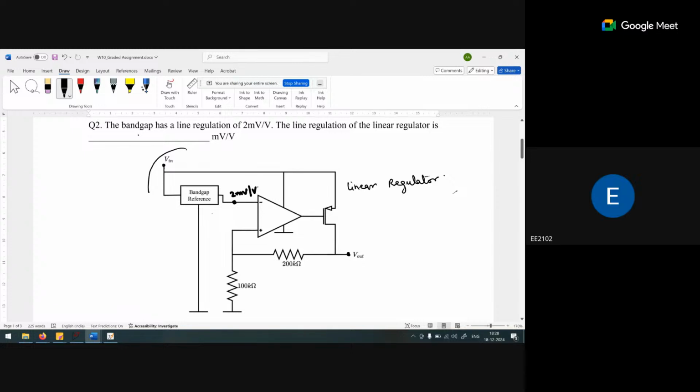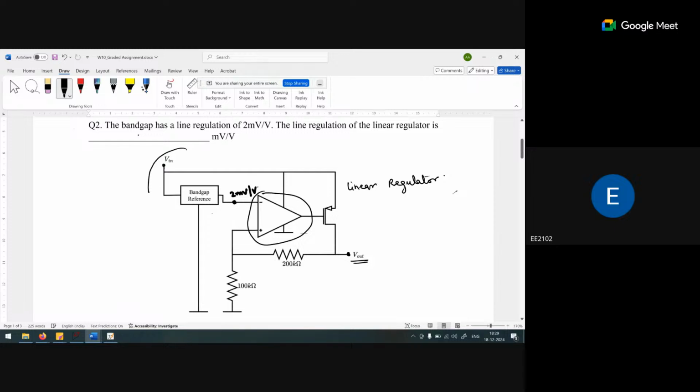Can you calculate what is the V out? Yes or no? Yes, sir, 6 millivolt. One second. 6 millivolt, because of this operational amplifier.